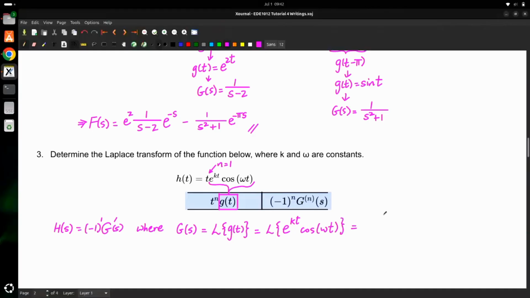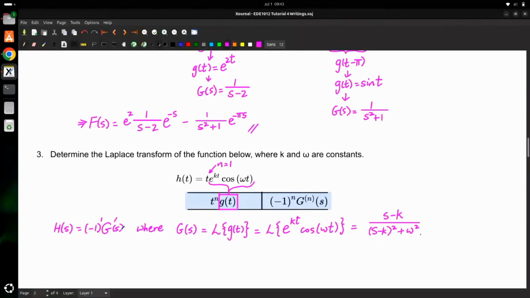So cosine omega t is s over s square plus omega square. But you never shift yet, so you have to shift. Shift means what? The s becomes s minus k. So just put minus k, and then the s square becomes s minus k whole thing square. Just perform s shifting. Is that right? So you have successfully found the big G of S.